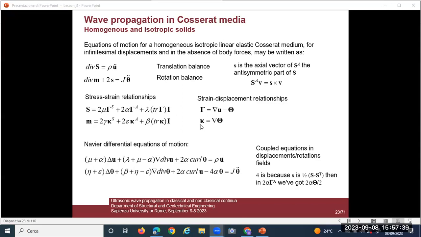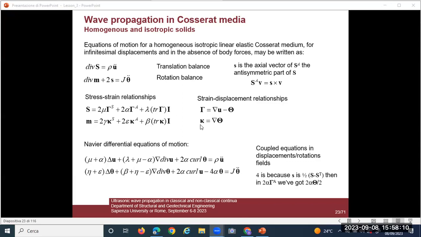It's a completely free degree of freedom. We had in the second gradient a sort of curvature, but curvature was the second derivative of the displacement field. Here it is the derivative of the rotation vector. They are similar, but not exactly the same.